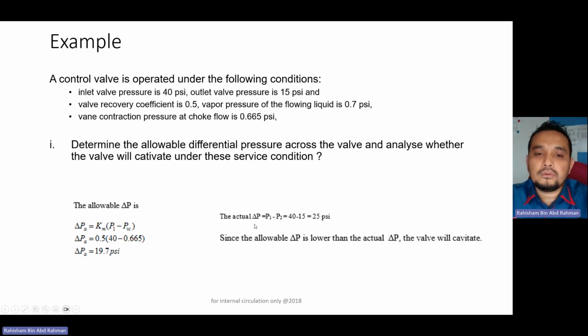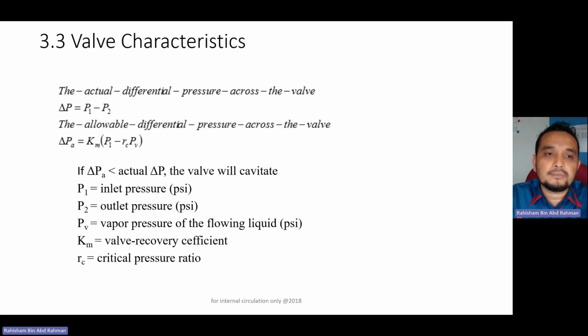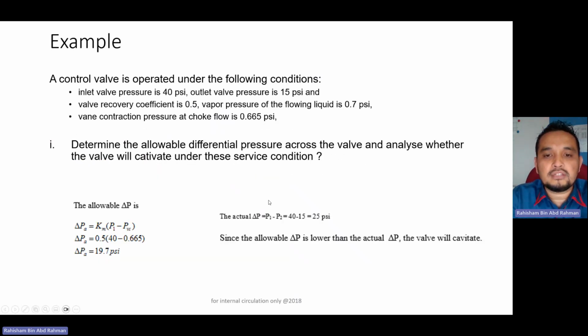So we have to know the actual, because the valve will cavitate if the allowable pressure is lower than the actual differential pressure. What is the actual? Actual delta P is P1 minus P2, which is 40 minus 15. So the actual pressure difference is 25.